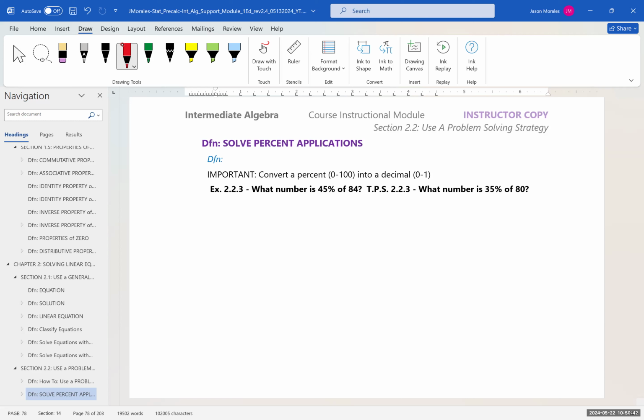All right, moving on. We're going to look at solving percent applications. In solving percent applications, I'm going to try and show two different ways to set them up: one where you're using percentages to set up and solve a percentage application problem, and also doing it in decimal form.